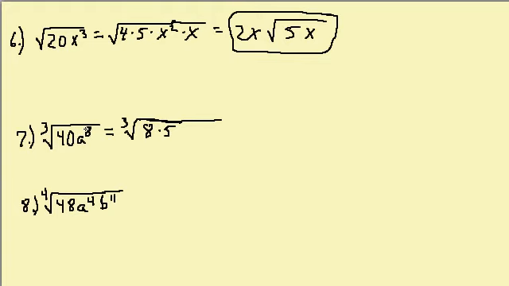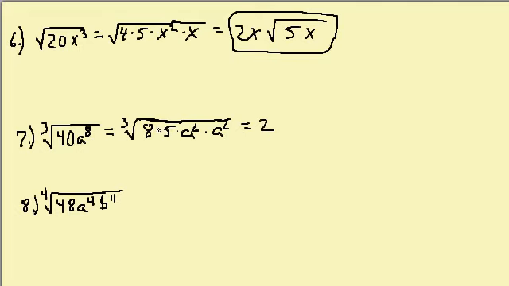Well, 3 doesn't go into 7. Well, instead of writing it as a to the 7th times a to the 1st, what if I write a to the 8th as a to the 6th times a squared? And see, 3 will go into 6 evenly. So I'll rewrite the a to the 8th as a to the 6th times a squared. So my answer is the cube root of 8 is 2.